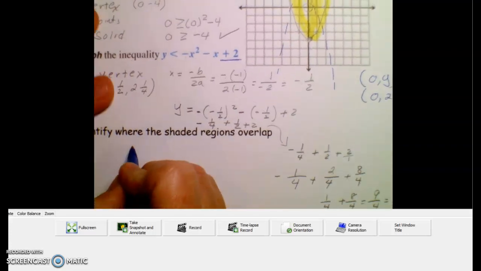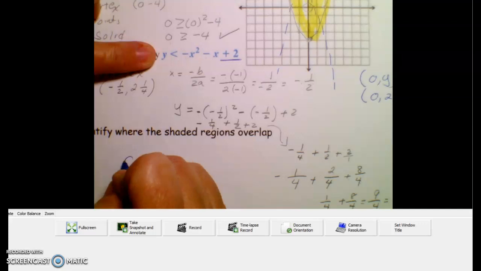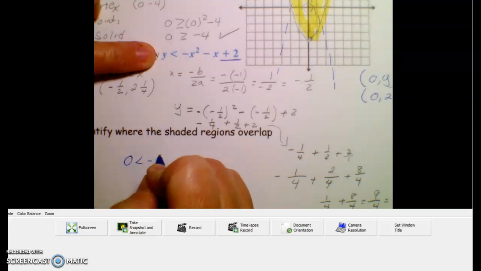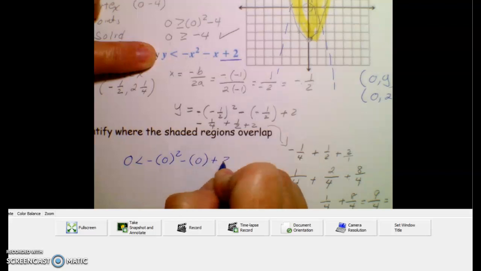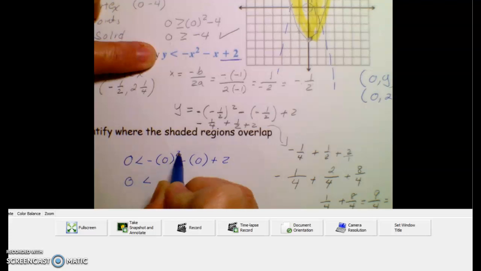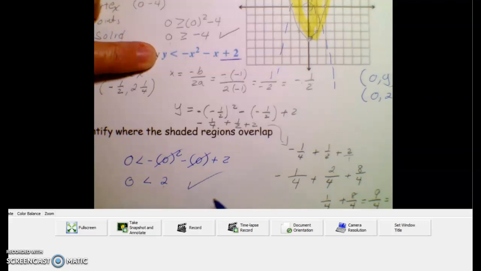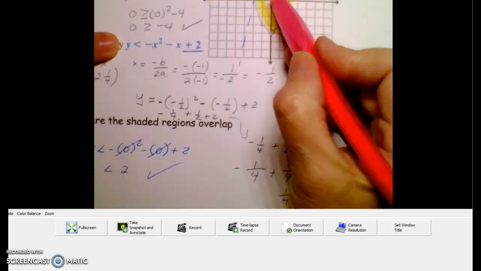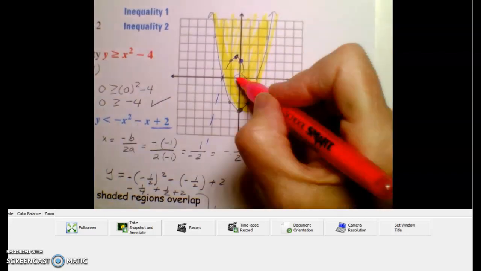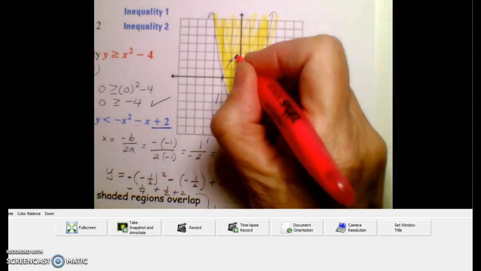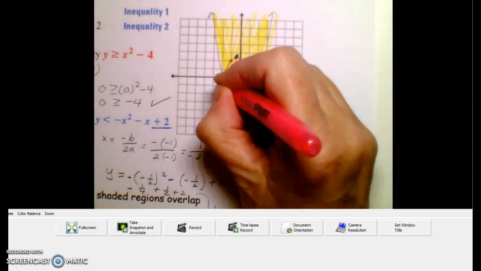I'm going to take my equation. 0 is less than negative 0 squared minus 0 plus 2. 0 is less than, this is 0, and this is 2. Is 0 less than 2? It is. So that means that where this point, 0, 0, is, is where my solution is, and it's inside the parabola.